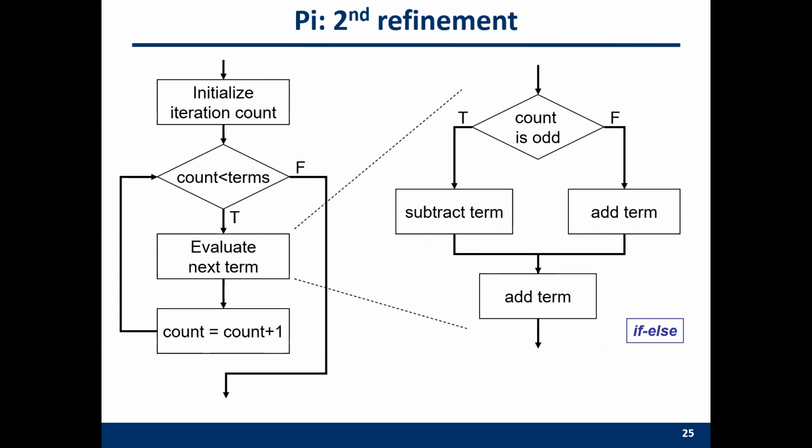So we can further break the loop body into this control flow. We can use if else to implement this. We can evaluate whether the counter is odd or even. If it's odd, then we do the subtraction. Otherwise, we do the addition.